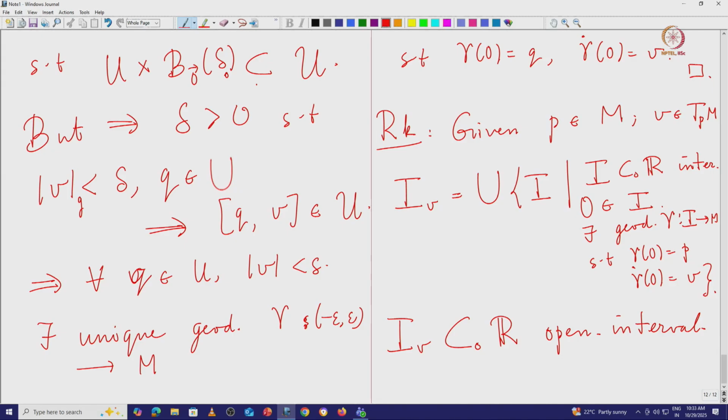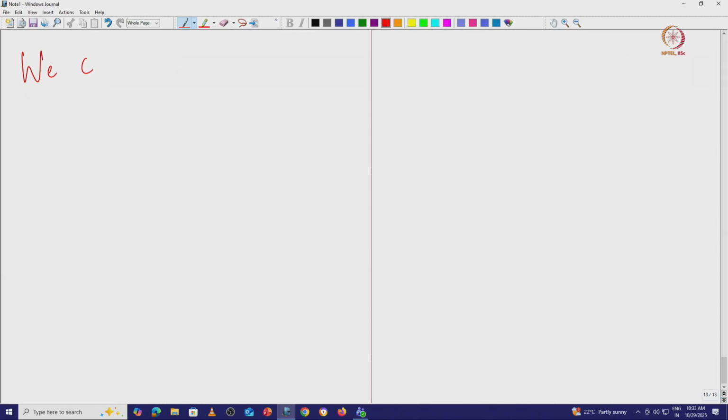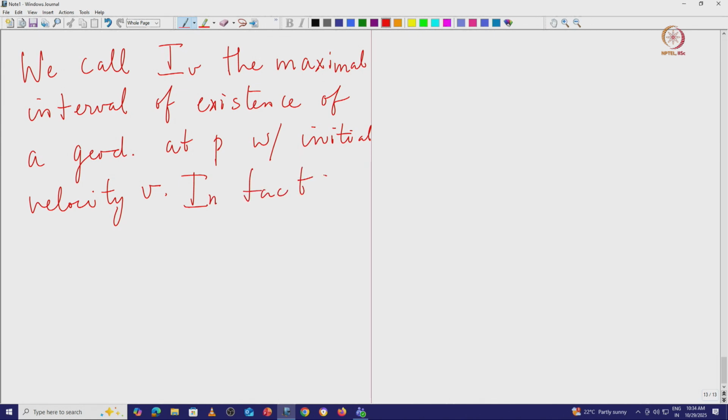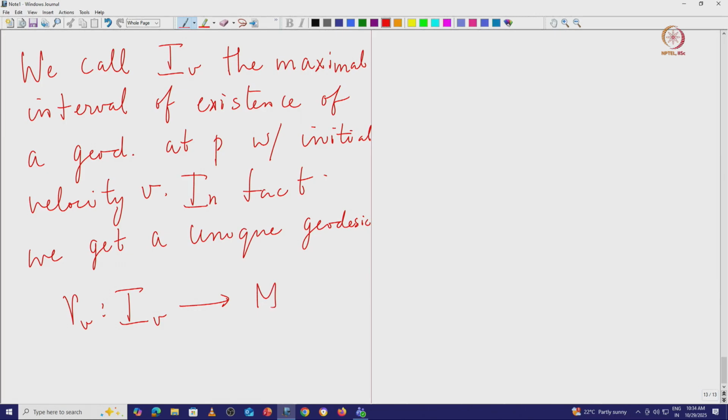Okay, so we call I_V the maximal interval of existence of a geodesic at P with initial velocity V, and in fact we get a unique geodesic gamma_V on this maximal interval, satisfying gamma_V of 0 is P and gamma_V dot of 0 is V. Okay.